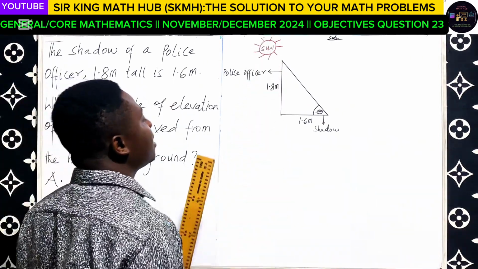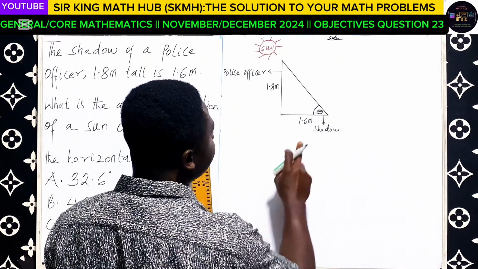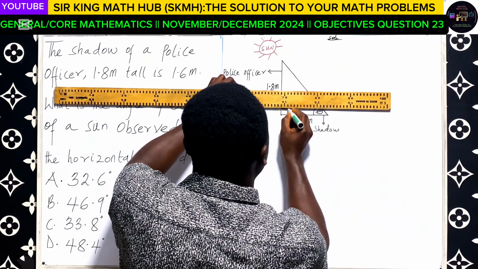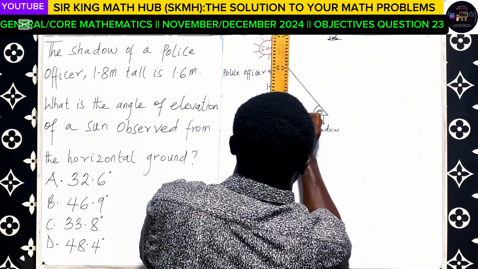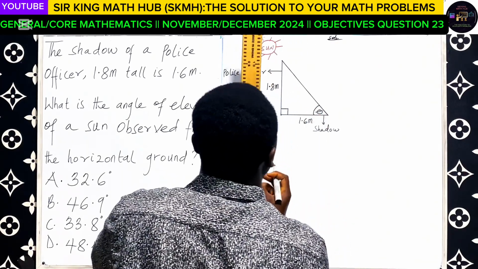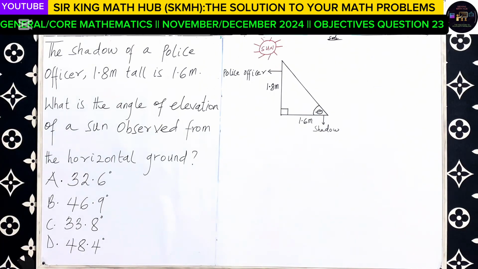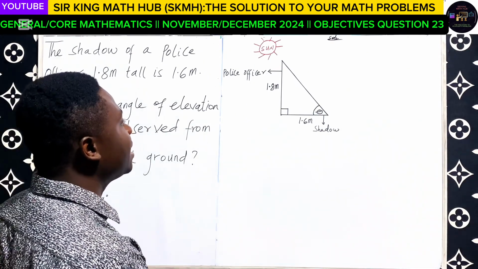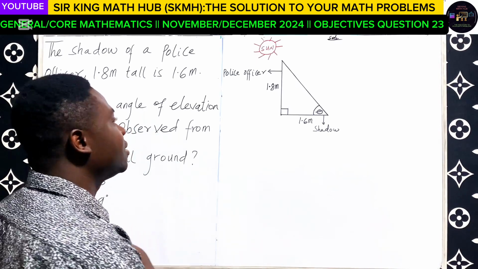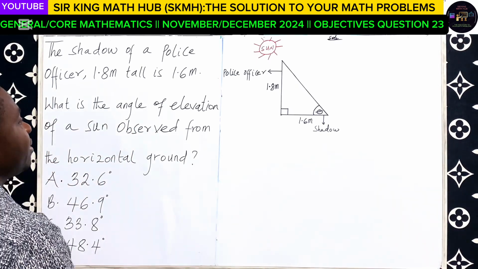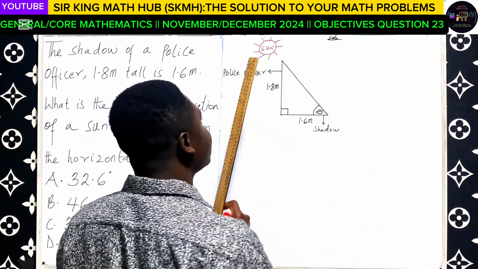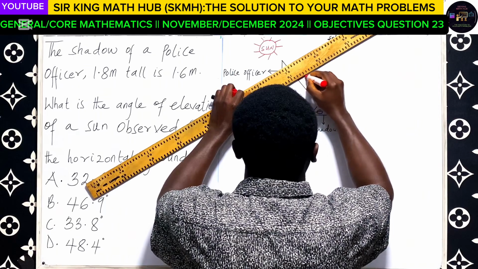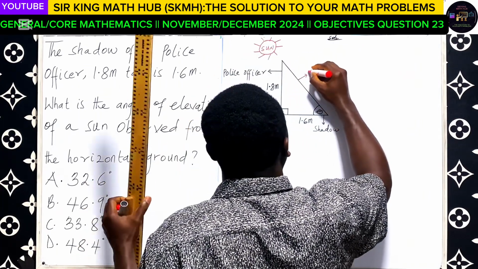But the height of the police officer and his shadow will meet at a right angle. So you can see that we have a right angle triangle. Let's identify the sides of the right angle triangle. We know that with a right angle triangle, the longest side refers to the hypotenuse.